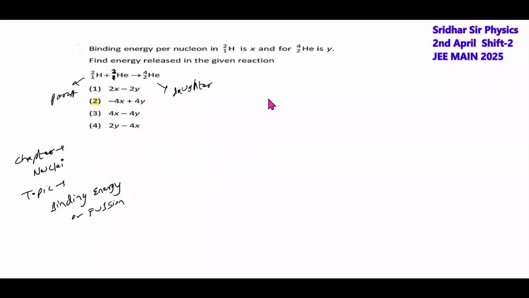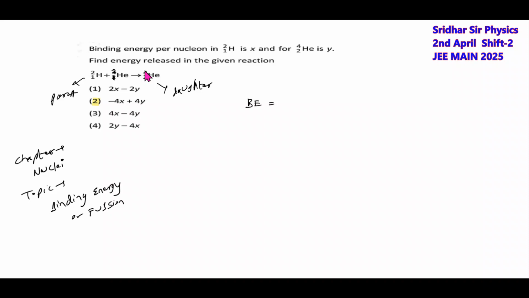Then what is the basic idea? We know the binding energy per nucleon. How many nucleons are there? Here 2 and here 2, and here it will be 4. So we have to calculate the binding energy.